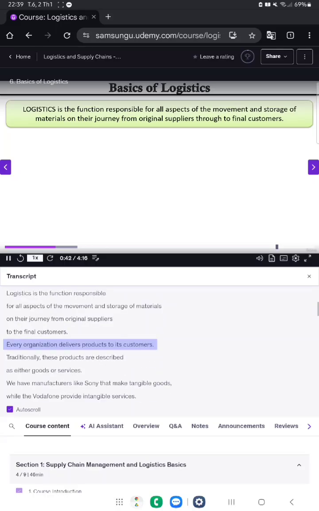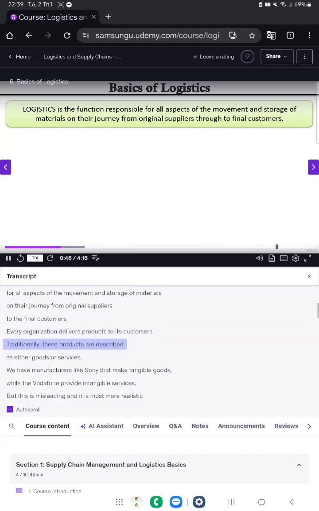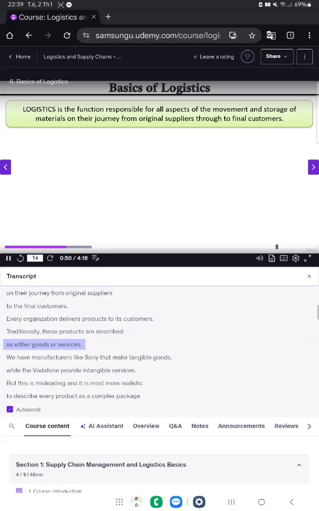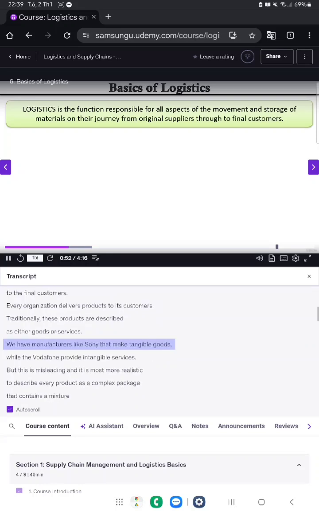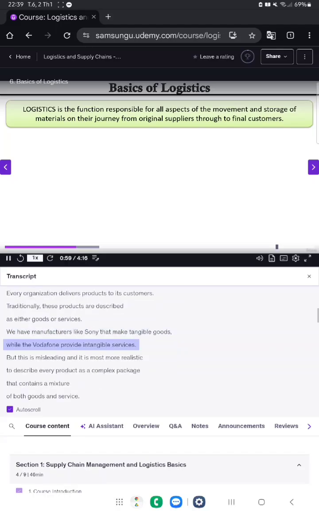Every organization delivers products to its customers. Traditionally, these products are described as either goods or services. We have manufacturers like Sony that make tangible goods, while Vodafone provides intangible services.